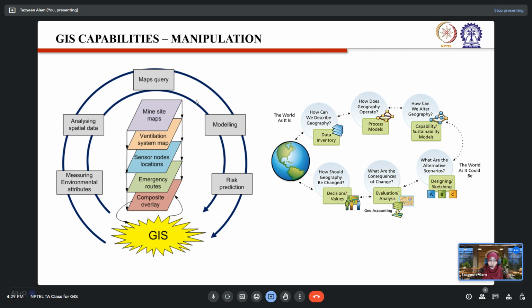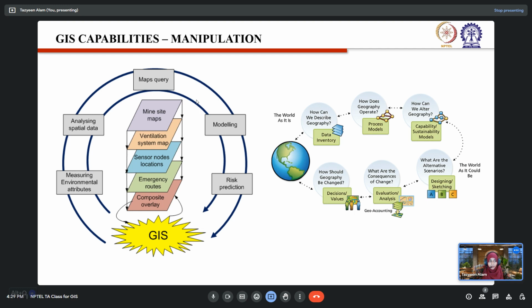What you do is composite overlay everything in GIS so that you are able to measure the environmental attributes. You can also analyze the spatial data, you generate map queries, you develop your modeling, and then finally you can do your risk prediction.